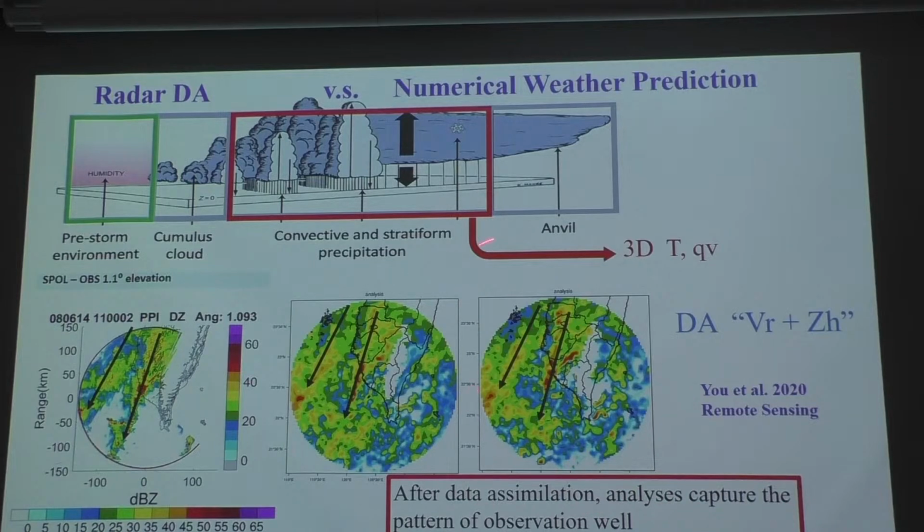This is assimilating both the Doppler wind and the refractivity by using two different microphysics schemes. But as I just mentioned, there is still some important information like the thermodynamic temperature and humidity information. With or without that information, how important is that?